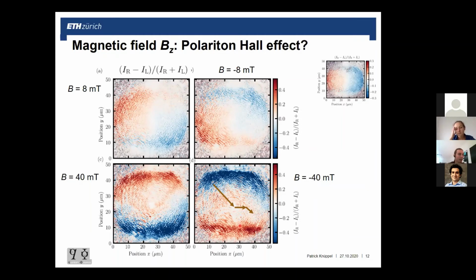And to understand what is happening, let's look at trajectory. So if we launch a polariton to the right, in this case where we have a density gradient corresponding to voltage on the right, which corresponds to those red polaritons, going to the right, this guy goes to the bottom of the device.